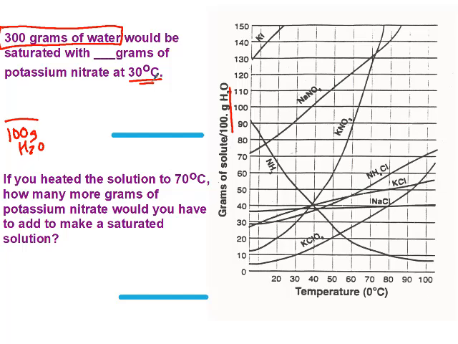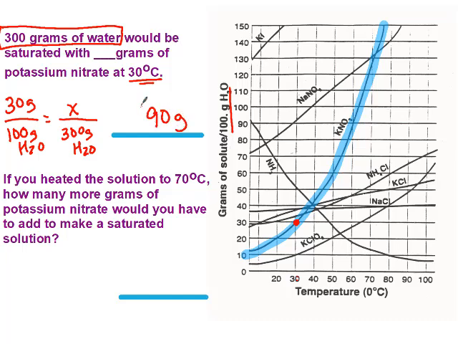So if you said 30 grams, you are correct, but we have 3 times as much water. And if we have 3 times as much water, we should be able to dissolve 3 times as much potassium nitrate.